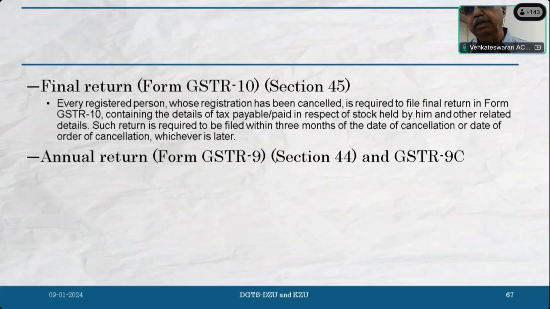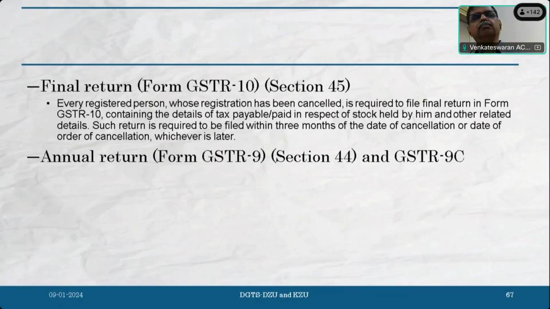Then the annual return. This is very much required to correct the errors committed anywhere during your GSTR 1 or GSTR 3B. You can reconcile or report that in GSTR 9 and make payments by reconciling this information in GSTR 9C. In GSTR 9, there is no provision to indicate whether you are liable or you took an excess claim, and you cannot take any credit also.